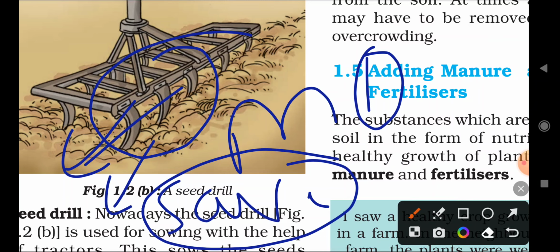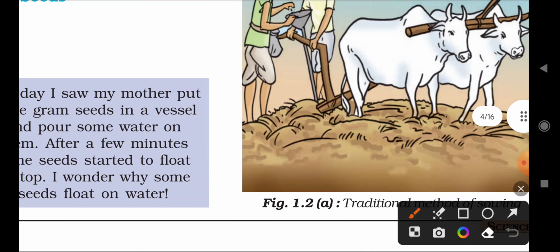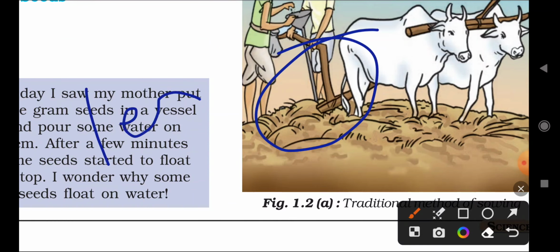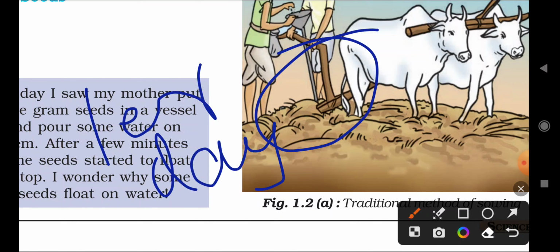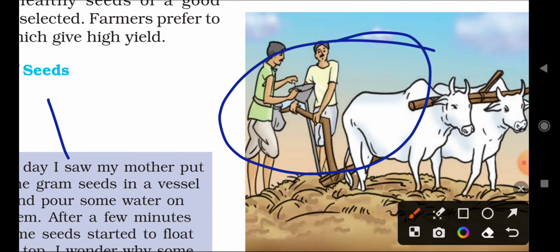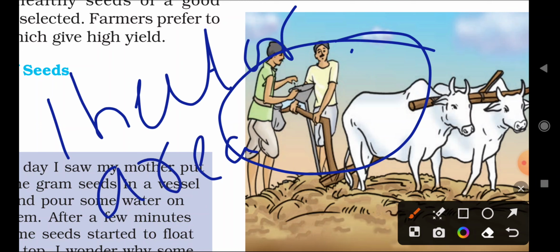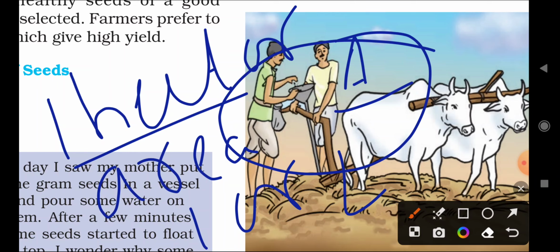If the traditional method completes 1 hectare in 1 or 2 days, what is 1 hectare of land sowed by farmers using the traditional method? 1 hectare, or in common language an acre, is sowed in 1 or 2 days by the traditional method.